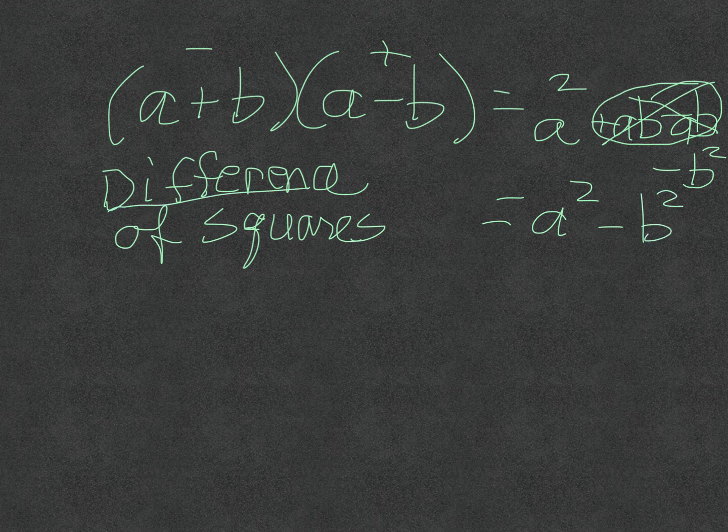Hence the name difference of squares. This only occurs when you have opposite sign binomials multiplied times each other, a plus b times a minus b. This is the only time it occurs.